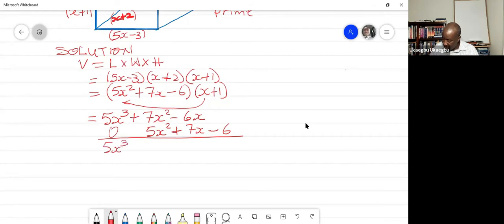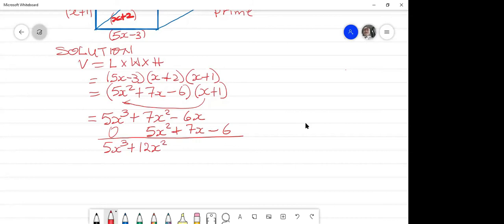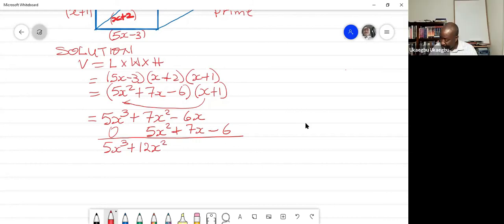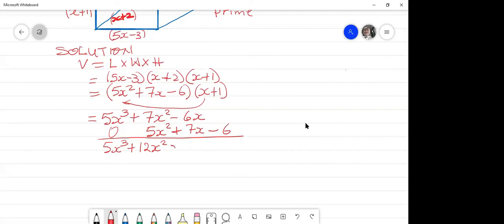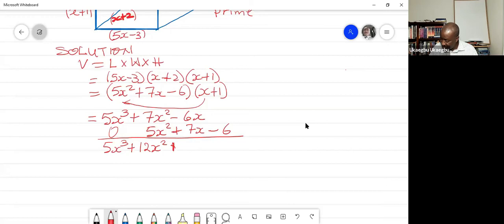Then 7 plus 5 gives us 12x squared, and then 7x minus 6x gives us positive x, and then you have negative 6. This is our volume.